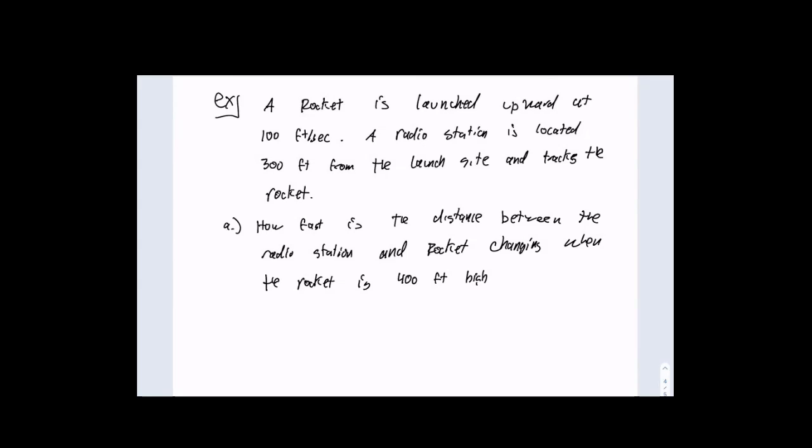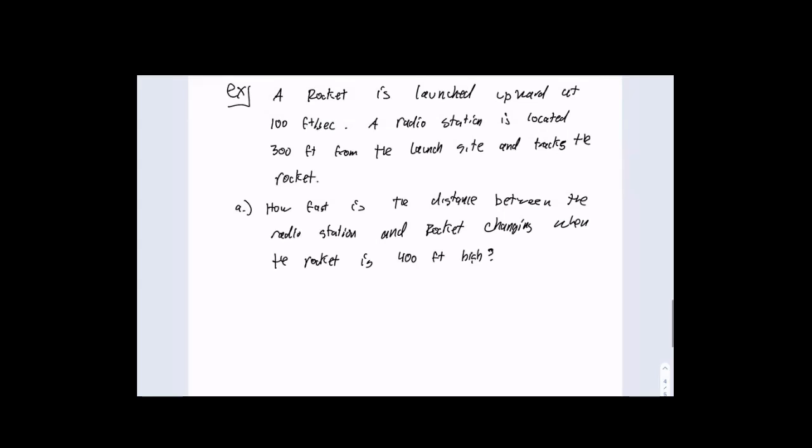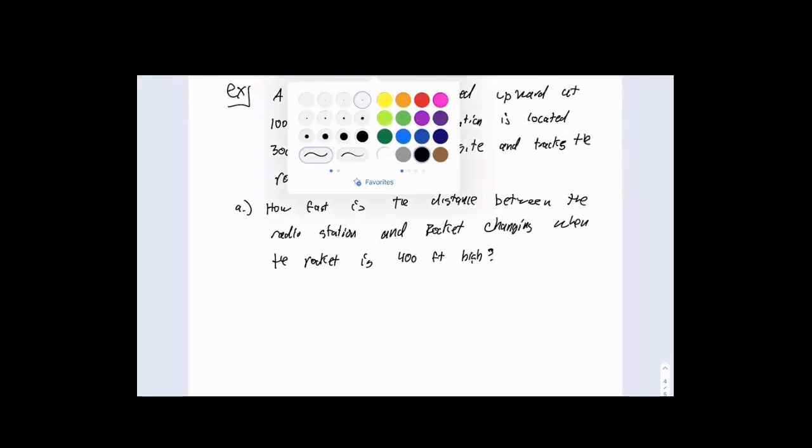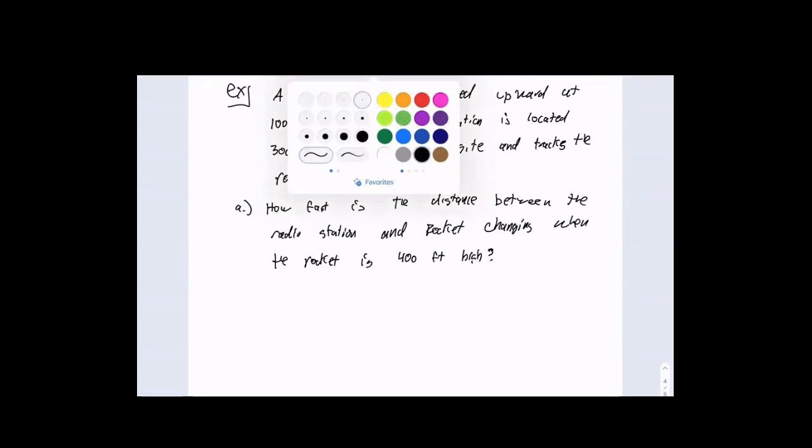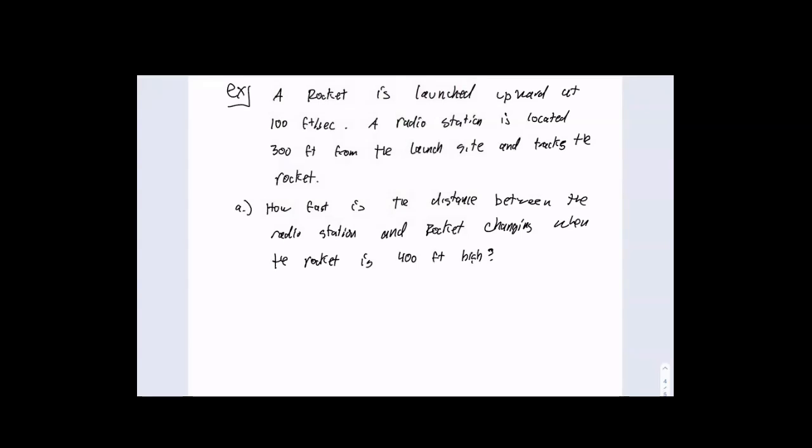It's the instant the rocket is 400 feet high. So it's all about that diagram first and foremost. So let me pause it real quick right here while you copy this down and we go forward with this problem. It's a very traditional problem.